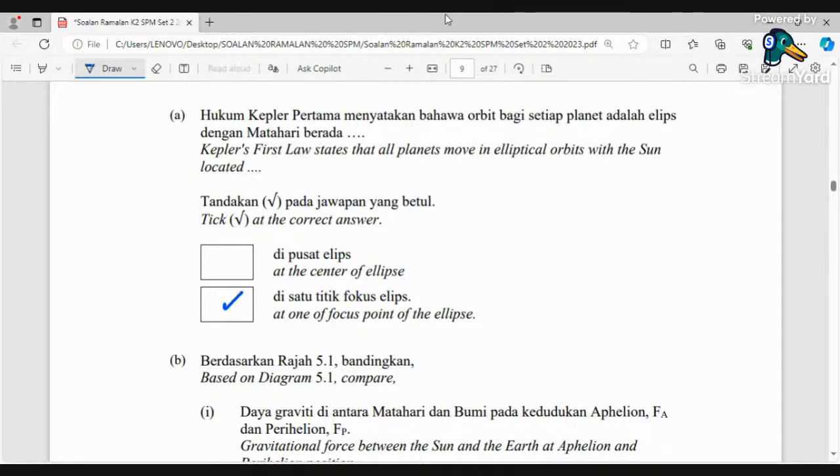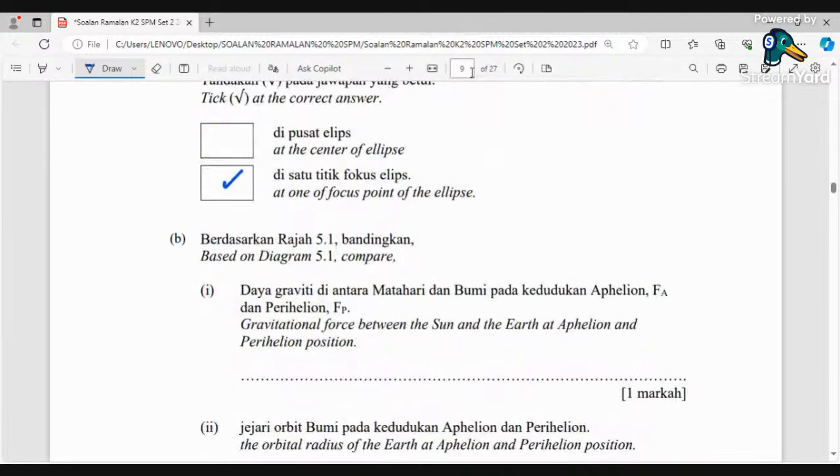B2. Gravitational force between Sun and Earth at aphelion and perihelion position. Remember the formula F equals G m1 m2 divided by r squared.